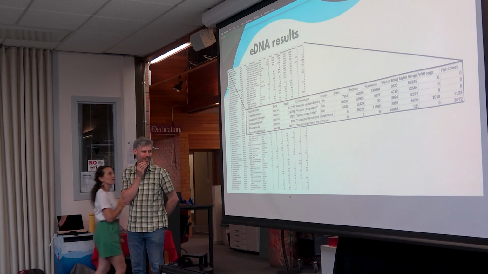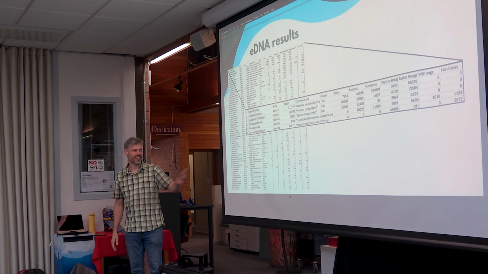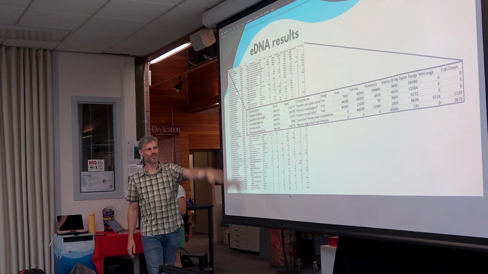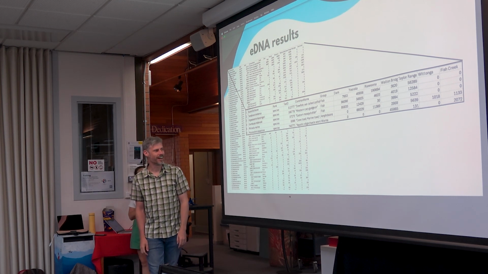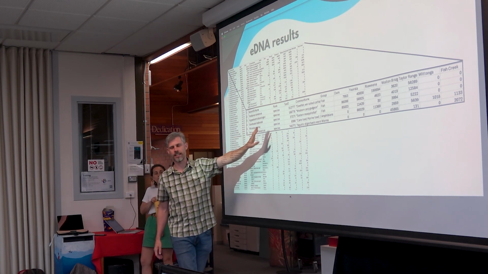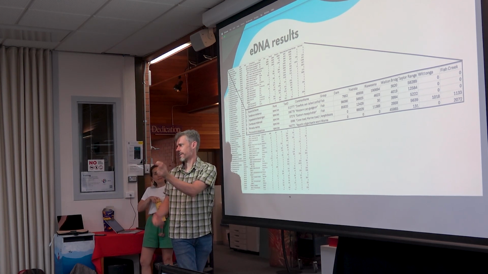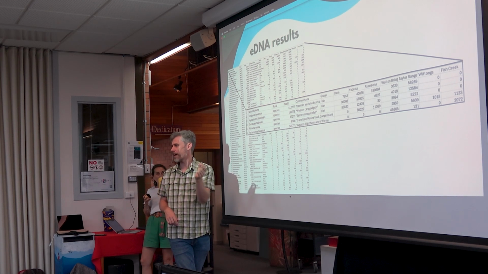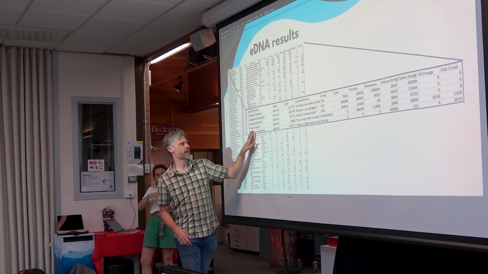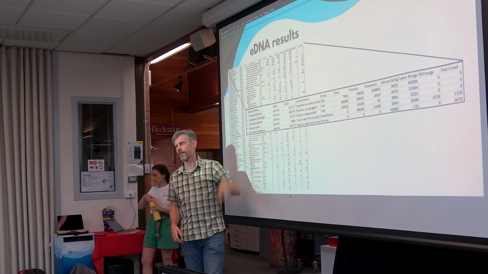So when we get the data, it comes in an Excel spreadsheet, and it looks like this. There's lots of information in there. Basically, first thing is, if a sequence of DNA that we've detected in the eDNA matches to a species that we know, we might get the information here, species name.